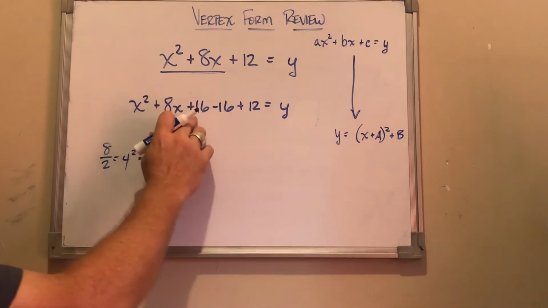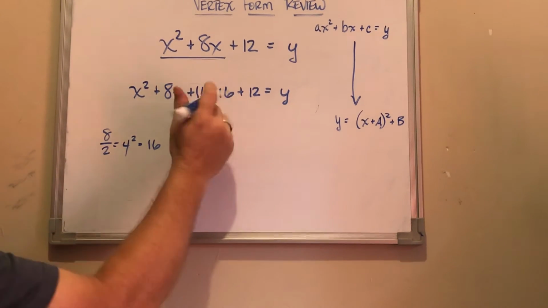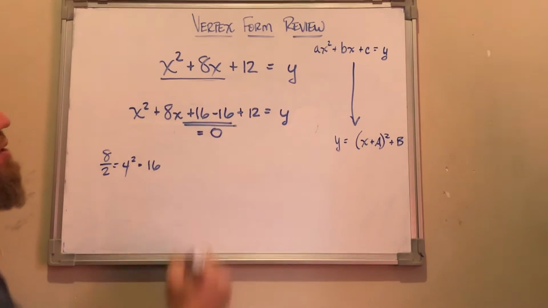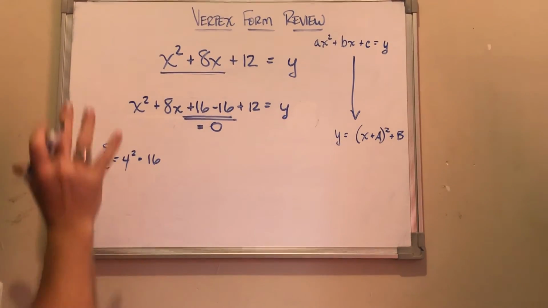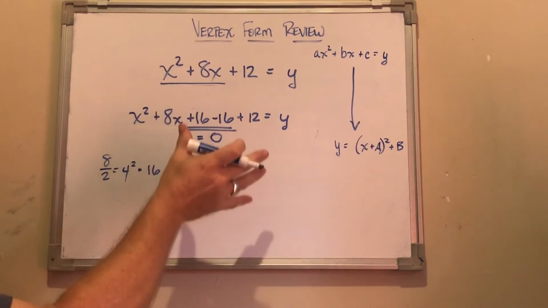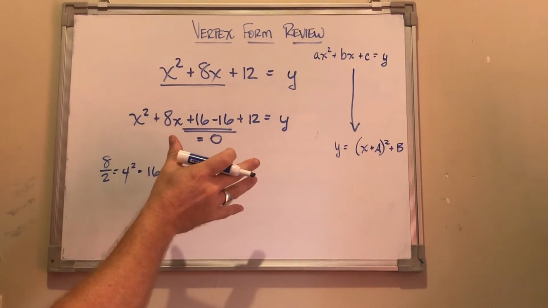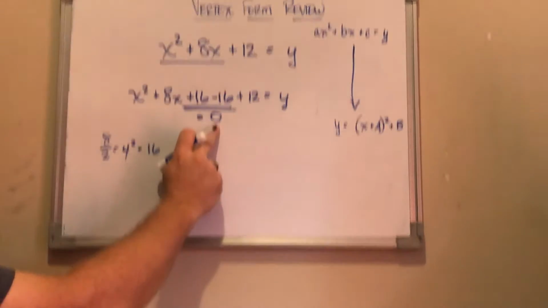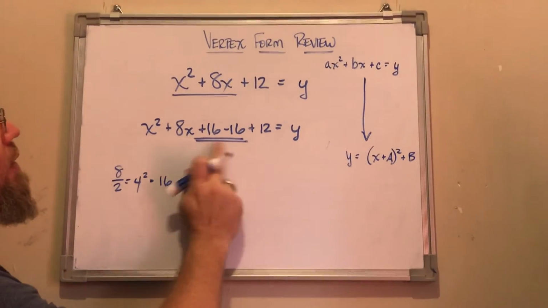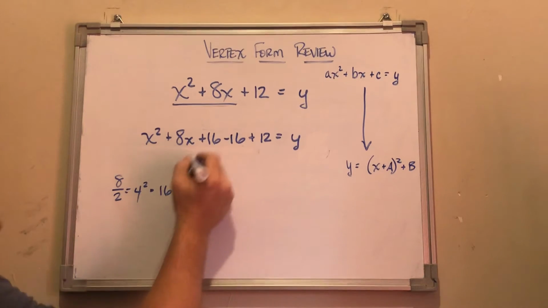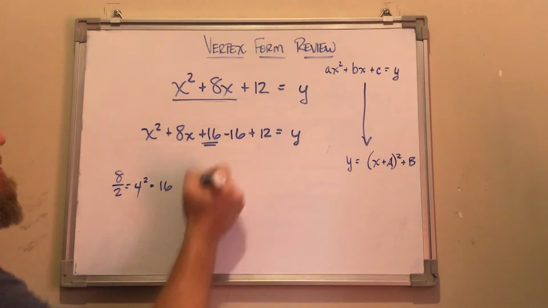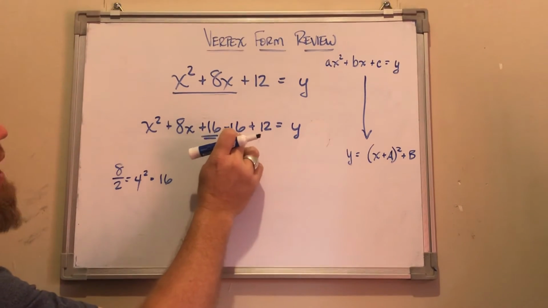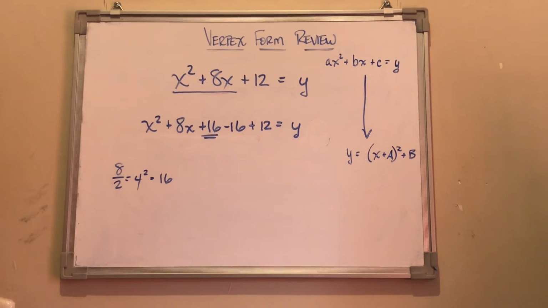What I added to the equation equals 0, so I have not increased the value of the equation. I've completed the square and got my positive 16, and in order to keep everything equal, I also have to subtract 16.